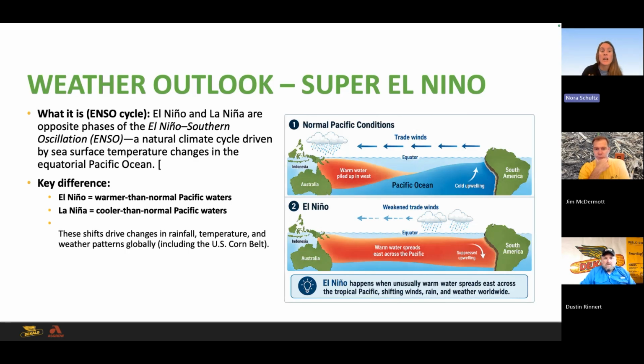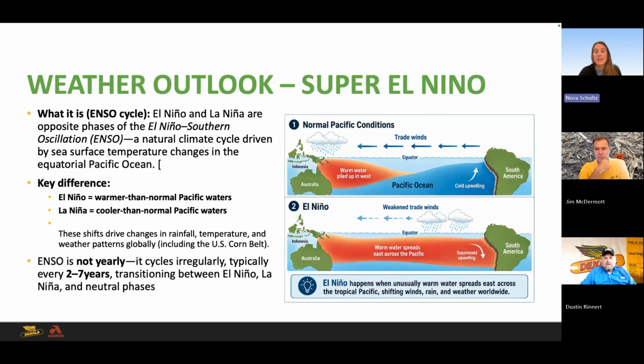So El Nino is warmer waters off of South America. La Nina is cooler than normal waters in the Pacific Ocean. And like I said, these shifts drive weather patterns globally. It is an irregular cycle, every 2 to 7 years. It comes in, it comes out. It can go La Nina, neutral, El Nino, neutral, and all these things.